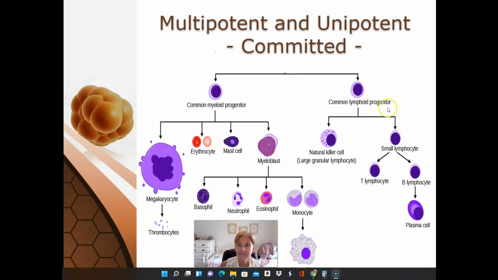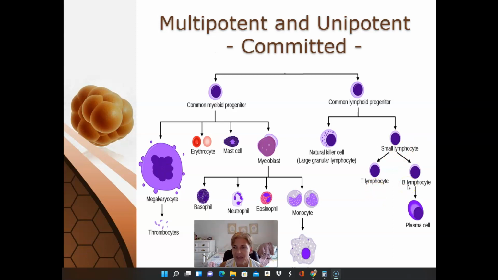And then over here, these lymphoid progenitors, these mature in the lymph system, lymph organs, and the lymph itself. So you have natural killer cells, and these fight viruses and cancer cells. You have these small lymphocytes that are T cells and B cells.